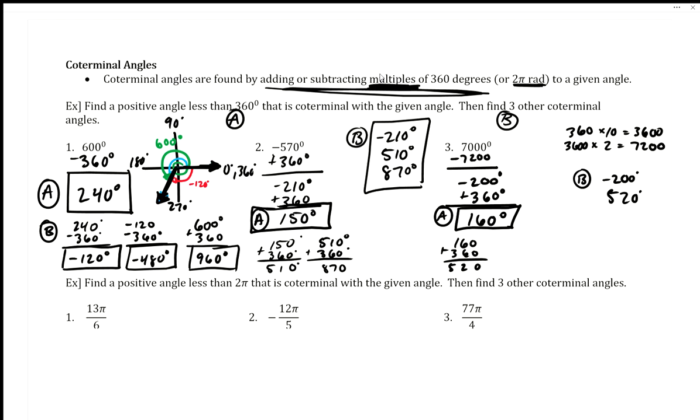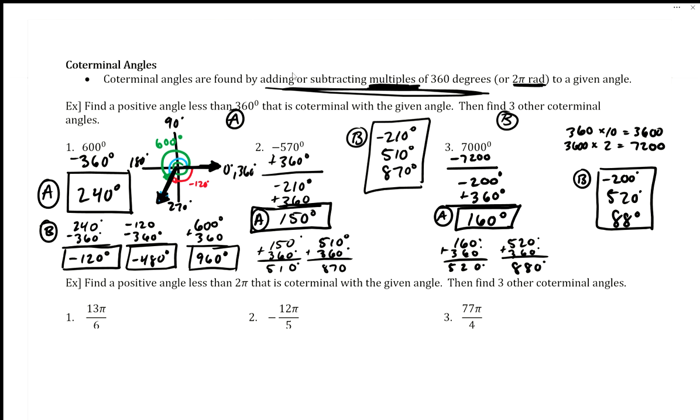Then one more addition of 360, and we get 880 degrees. All of these are on the same terminal spot.